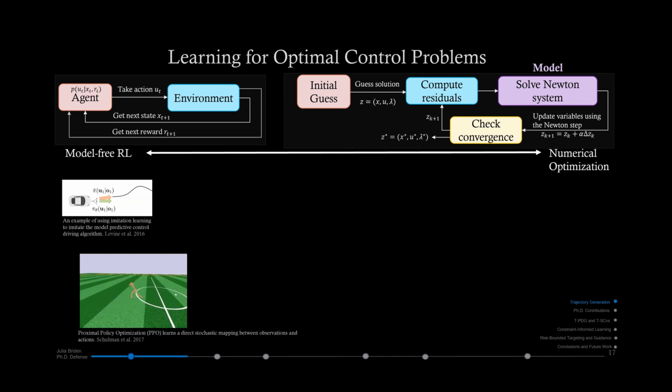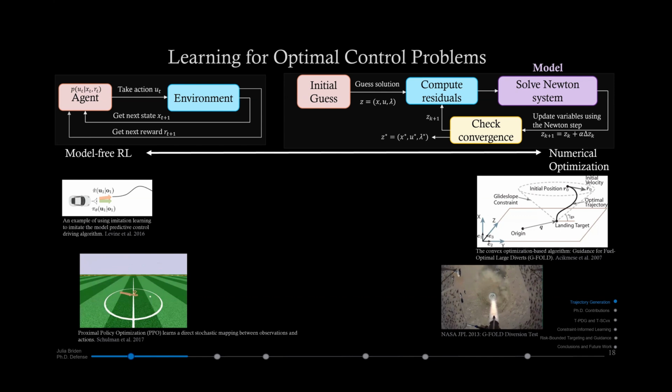So for model-free RL, some examples of previous literature would be imitation learning. For example, you want to learn or mimic the policy developed by model predictive control to drive a car, steering away from obstacles, as well as proximal policy optimization, which is another form of reinforcement learning.